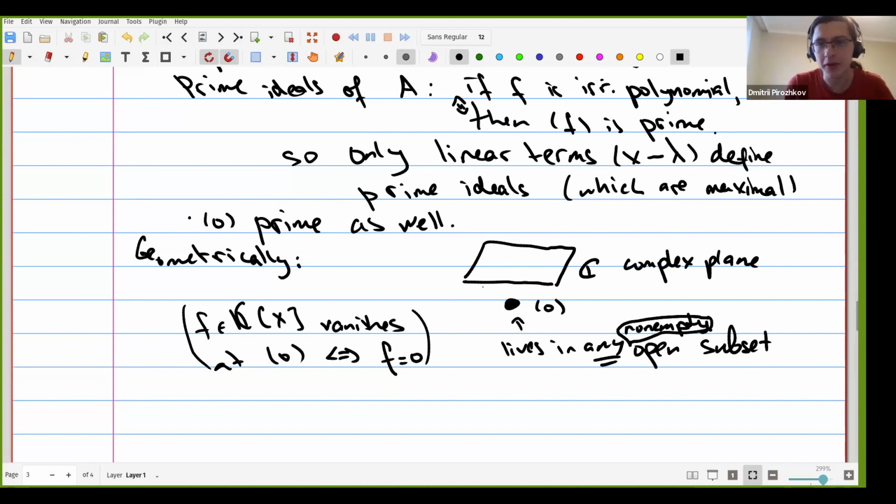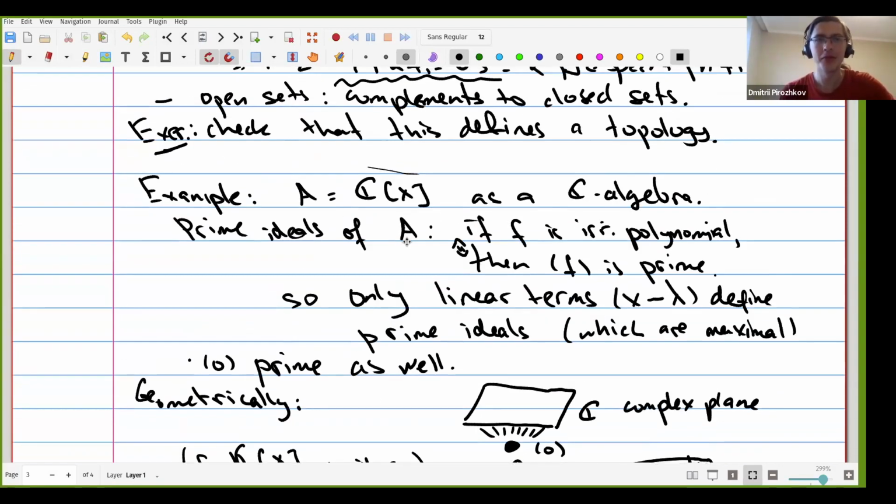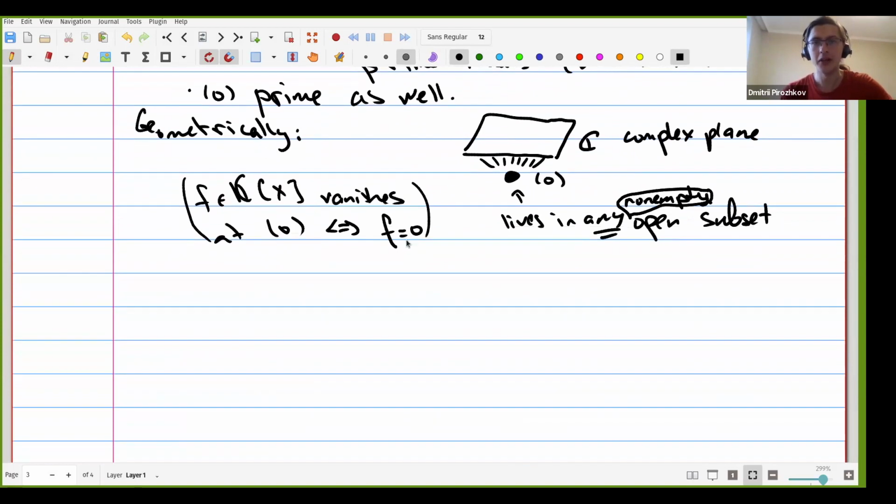So it's a slightly strange space where you took all points of the complex plane, added one strange point, and glued it to all points together.